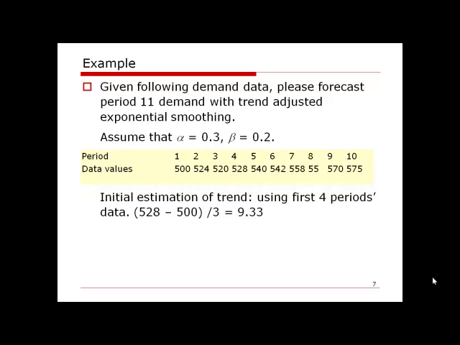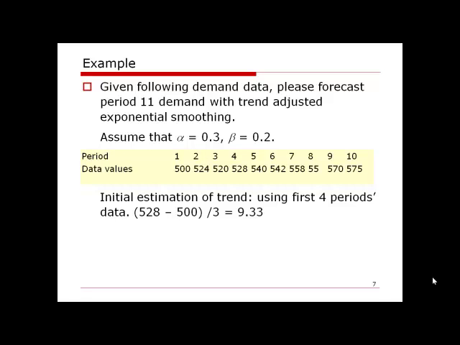However, this 28 change actually spans over 3 time periods, from 1 to 2, 2 to 3, 3 to 4. So we divide by 3, which gives us a number of 9.33, which means for these 3 time periods, the increase of the demand is 9.33 from one time period to the next. So this will be our initial guess of the trend.